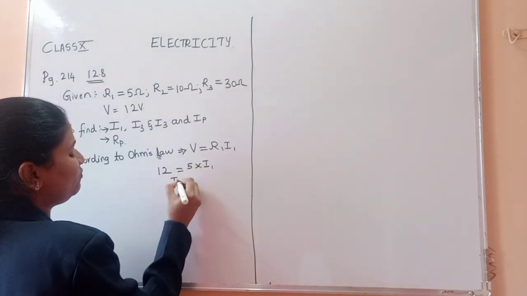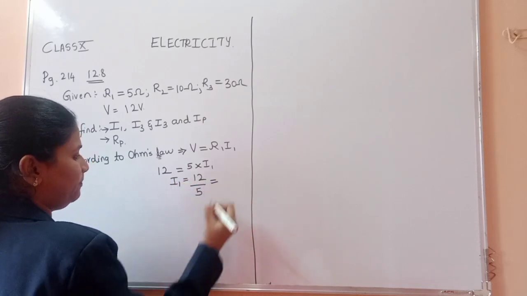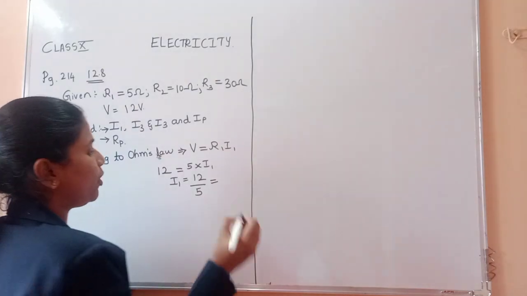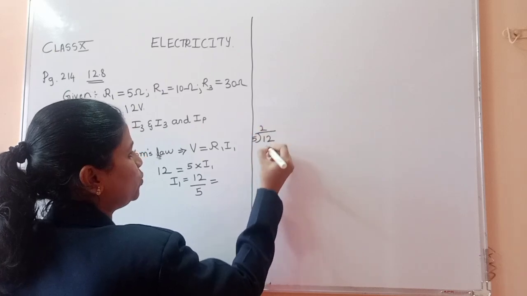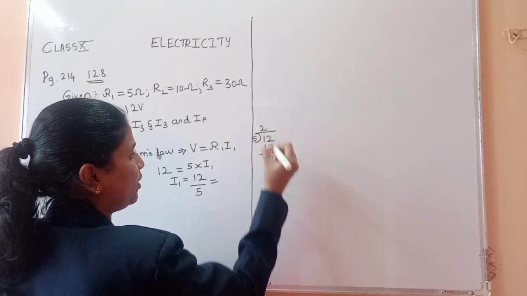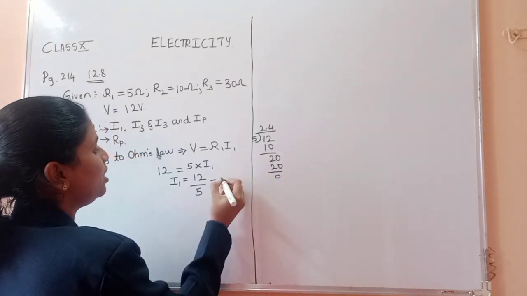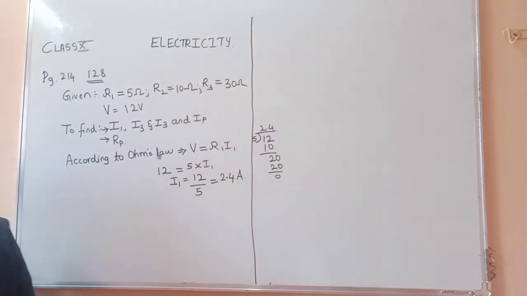So when I solve for I1, 12 by 5, 5 twos are 10, 2 remains, again point 0, 2.4, right? So the answer will be 2.4 ampere. So this is I1, guys.